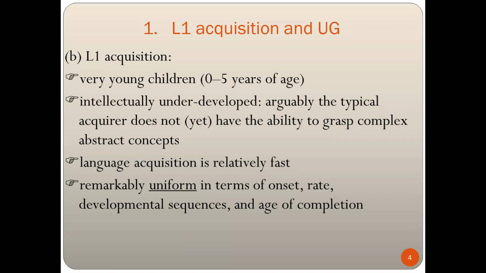In other words, we're referring to the acquisition of a set of grammatical rules and grammatical principles, and also a set of grammatical procedures, which we can think of as the engine of the language, this particular engine that gives language its amazing productivity. So the idea is that by the age of 5 or even earlier, quite often even by the age of 4, the child has fully acquired the grammatical system.